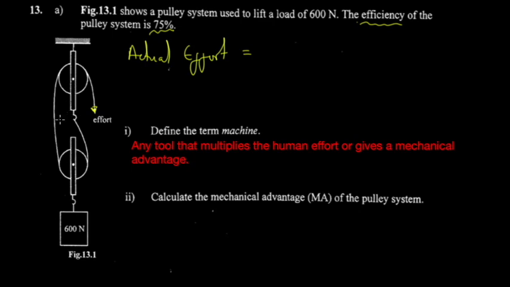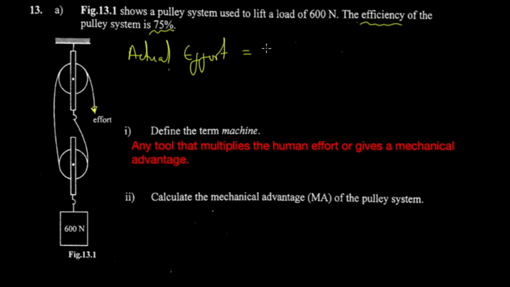Let's say here you'll be dragging it by this length and then also this length, so it'd be like half always. So if it were 100% efficient, the effort would be 300 here. The tension here would be 300, the tension here would be 300, such that it'd be supporting this 600 Newton force. So you only have to apply 300.